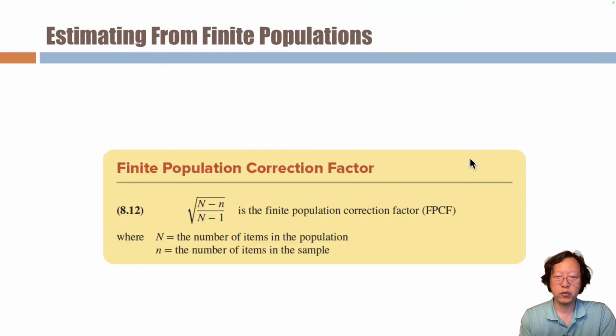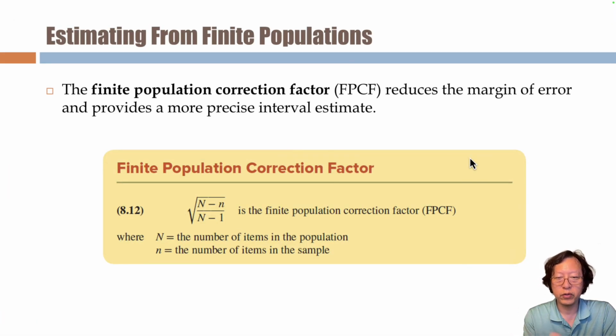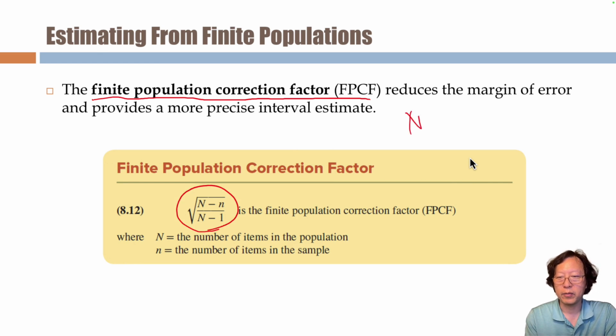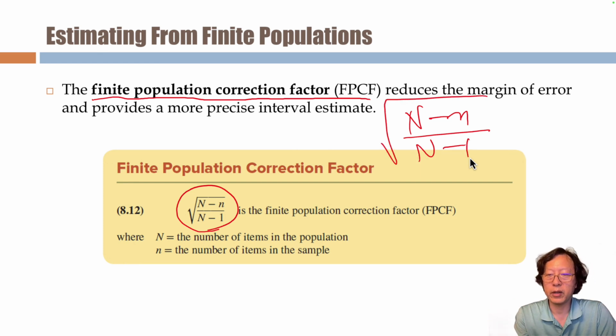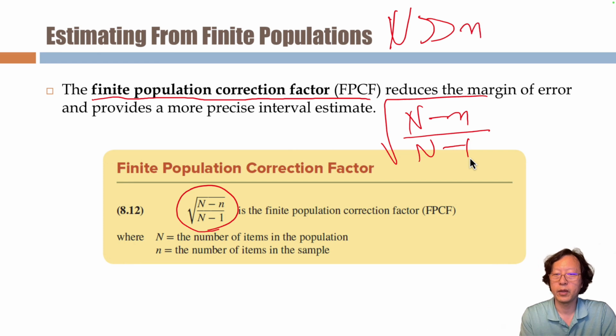In that case, we will tune our confidence interval using the finite population correction factor. This is the one: the square root of (N minus n) divided by (N minus 1). If you think about it, when large N is much greater than small n, this will be just 1, right?